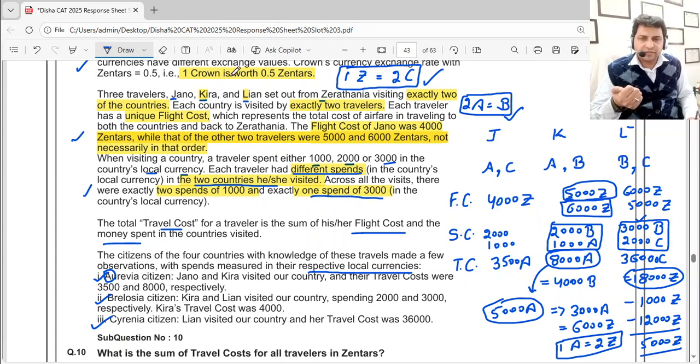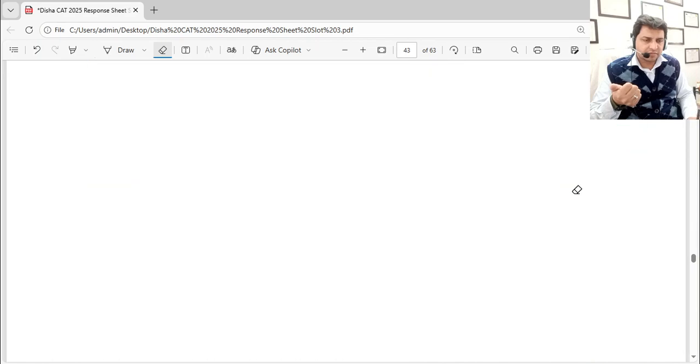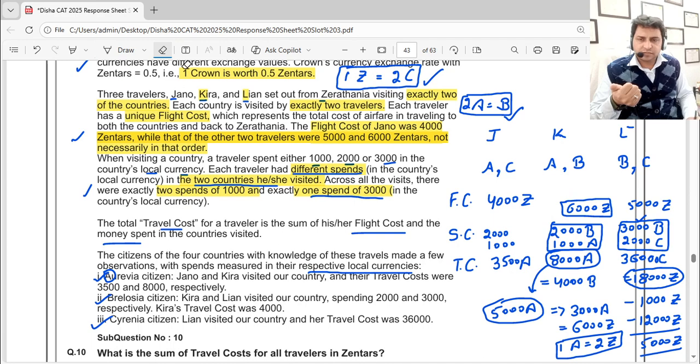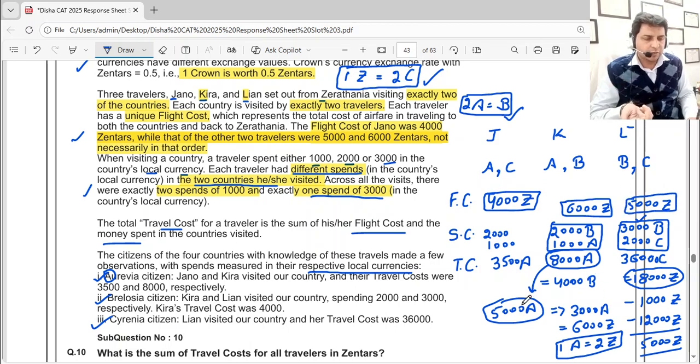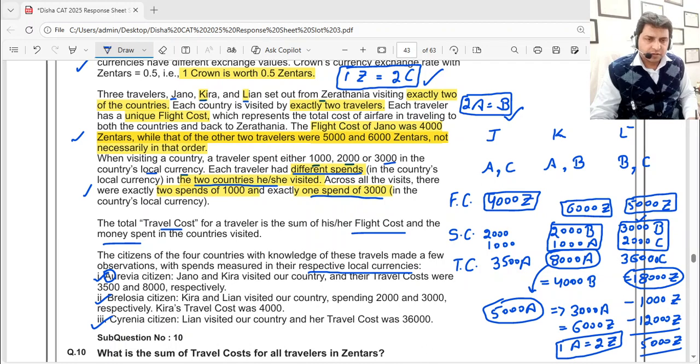That means this is 5,000 and this is 6,000. So the flight costs, we got it here, and the relationship also we got. Now we just need to do some calculations.